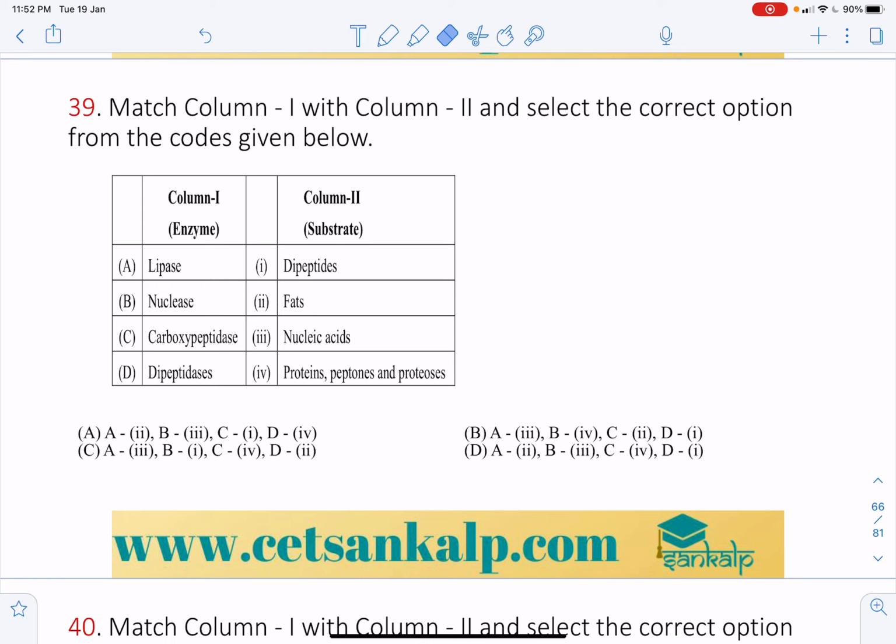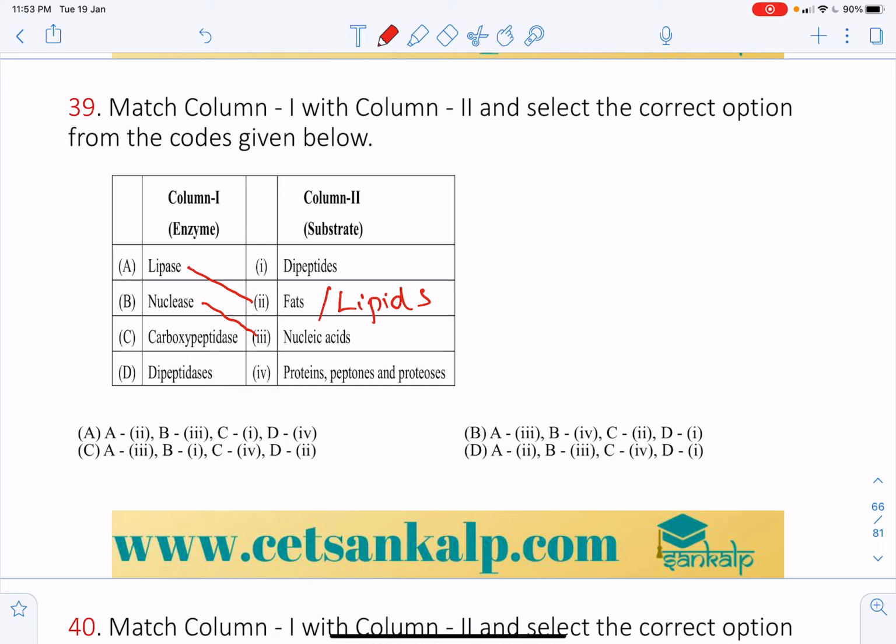Match column 1 and 2 and select the correct option. What is that exactly? Lipase acts on fats, which we can also call lipids. Nuclease acts on nucleic acids.